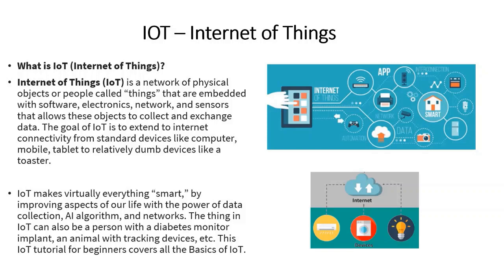The goal of IoT is to extend internet connectivity from standard devices like computer, mobile, tablet to relatively dumb devices like a toaster. IoT makes virtually everything smart by improving aspects of our life with the power of data collection, algorithm, AI and networks.